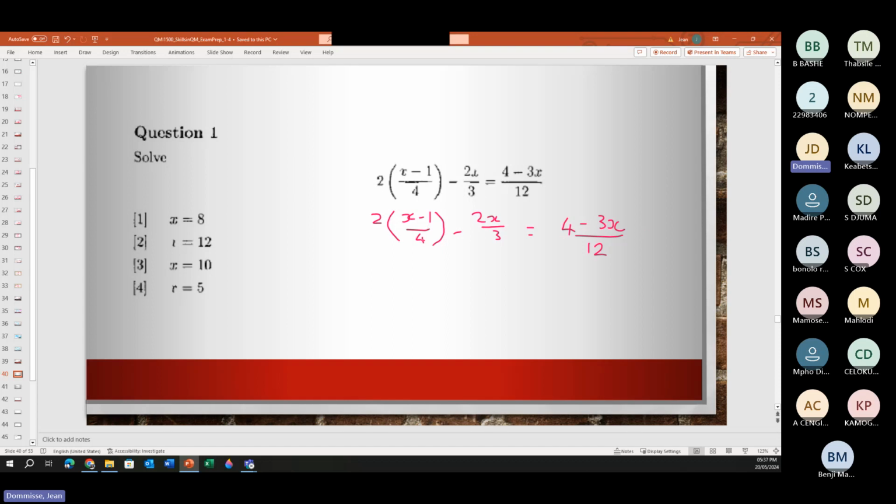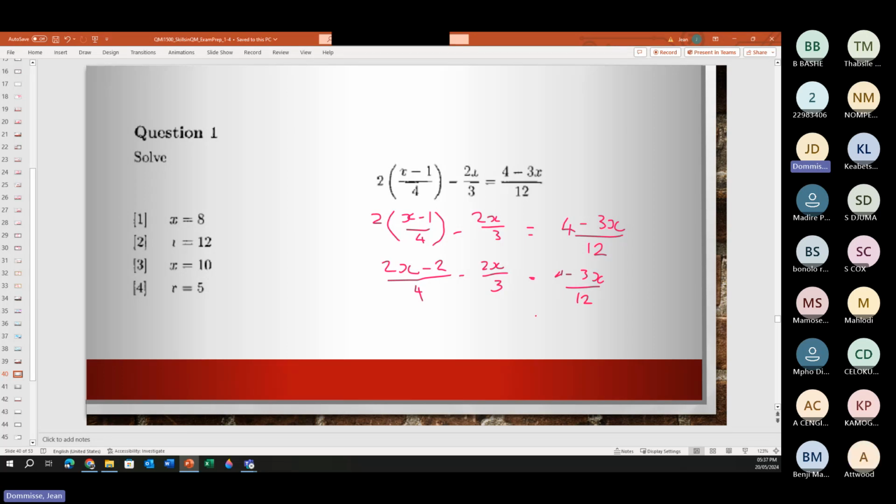But before we do that, let's first just multiply in by the 2, so that we don't get confused with what they also ask us. If I multiply in by 2, we get (2x minus 2) over 4, minus 2x over 3, equal to (4 minus 3x) over 12.